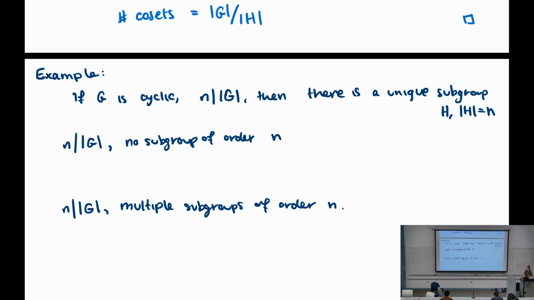Yeah. For G, I have E, A, and B as the elements, where A squared is equal to B, B squared is equal to A, and A and B are the inverses of each other.